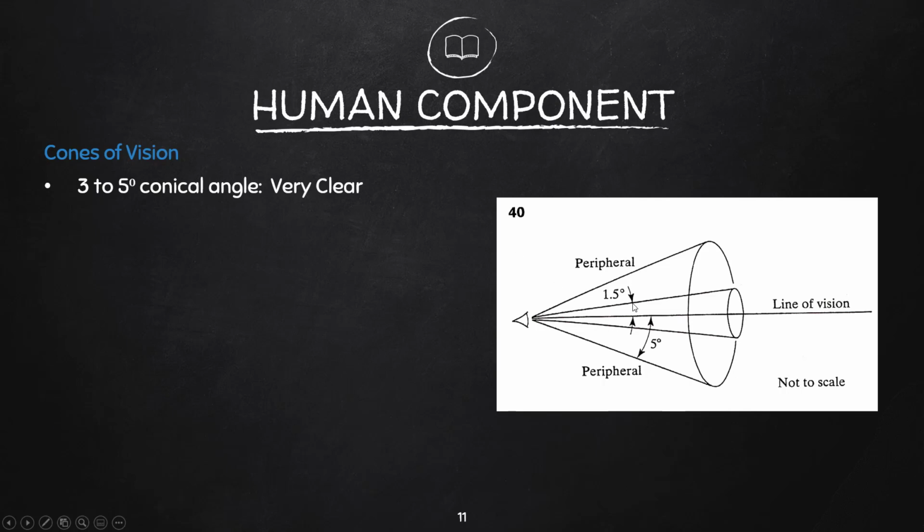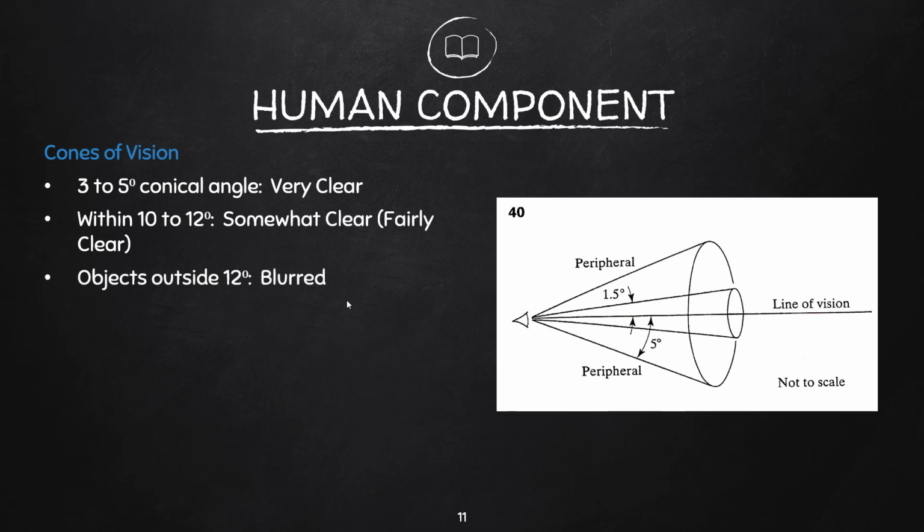So the angle of this smaller cone is 3 to 5 degrees, while for the peripheral angle, that would be 10 to 12 degrees, because this is 5. You double that, that would be 10 to about 12 degrees for some people. But objects outside 12 degrees, or outside this peripheral vision, would be blurry.